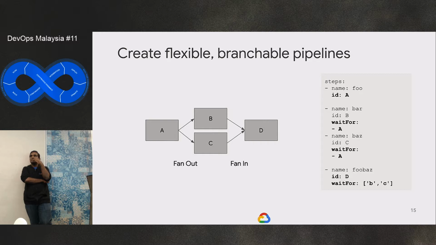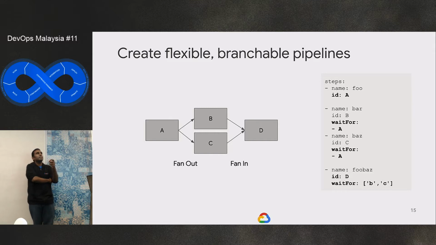I think his question is whether B and C are running concurrently. In a manner of speaking, it is parallel, because it really depends on the wait for. Until that prerequisite is satisfied, it's not going to go to the next step.